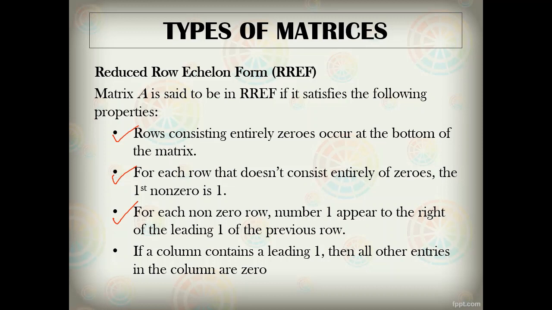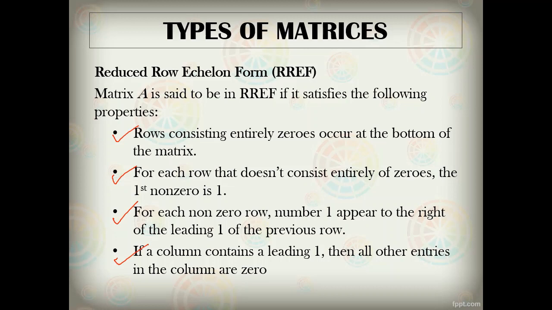One more property, added to the REF form, makes this matrix differ from REF: make sure that if a column contains a leading one, then all the other entries in the column must be zero.